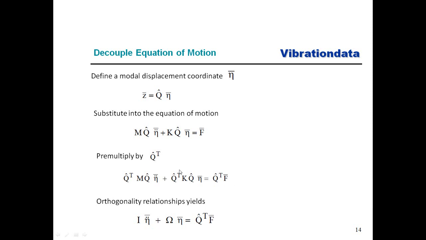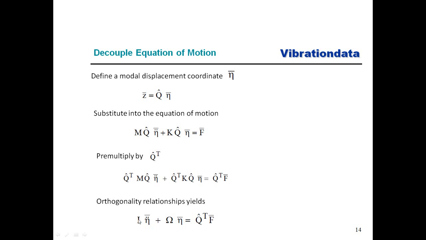Now, here's where we can really take advantage of those previous orthogonality relationships, or our identities, because this term here out front of the modal acceleration is just equal to the identity matrix. For two reasons.